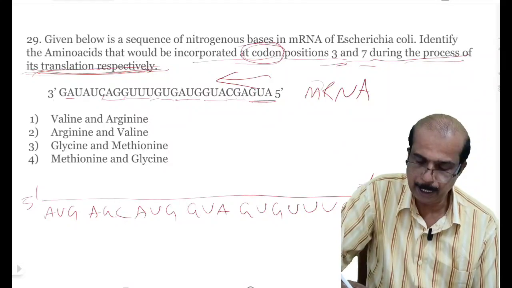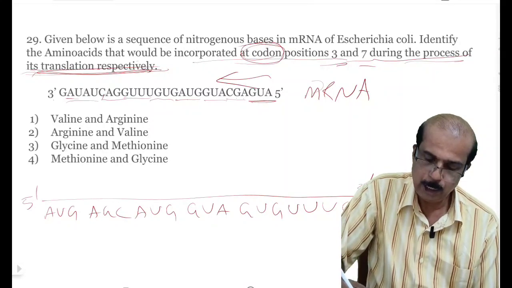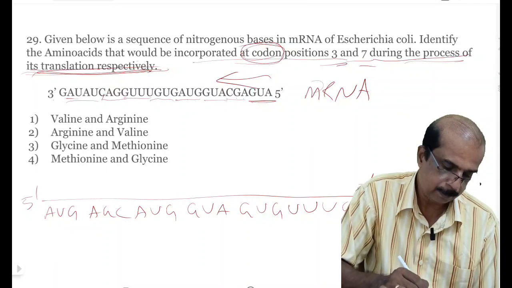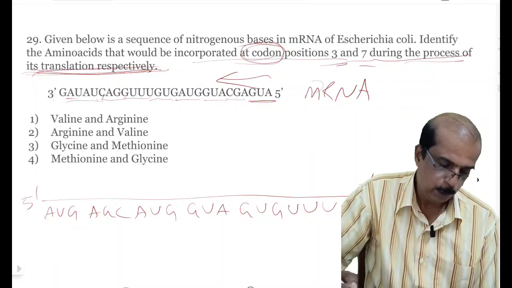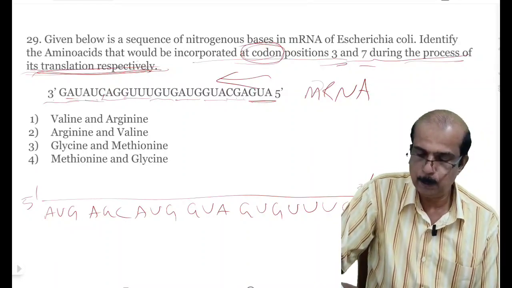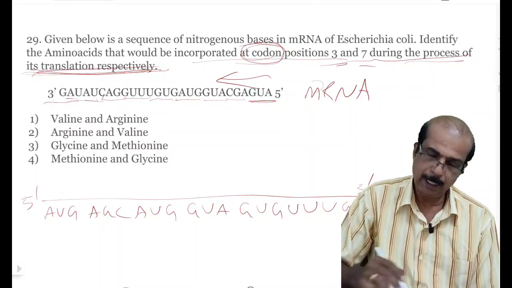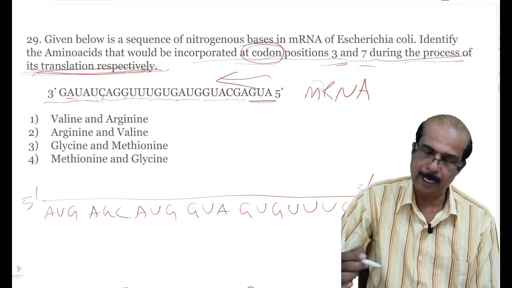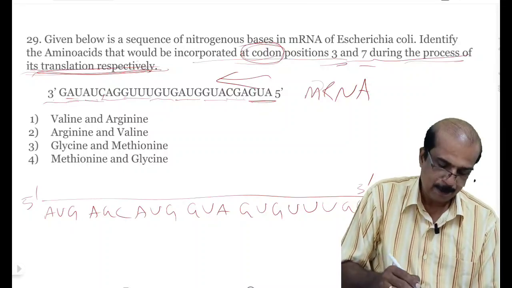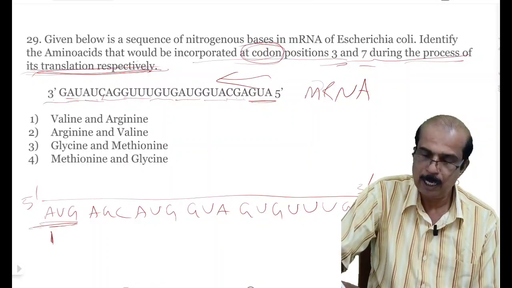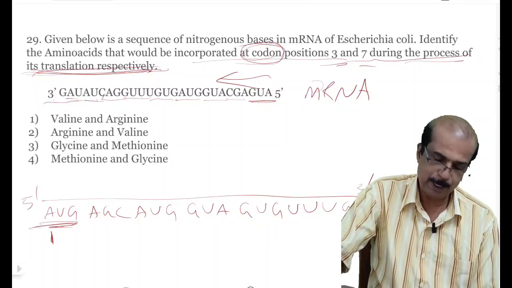Then CUA, UAG. If you rewrite this in this direction, you can see that the first codon is the initiation codon, and the last codon is the termination codon.